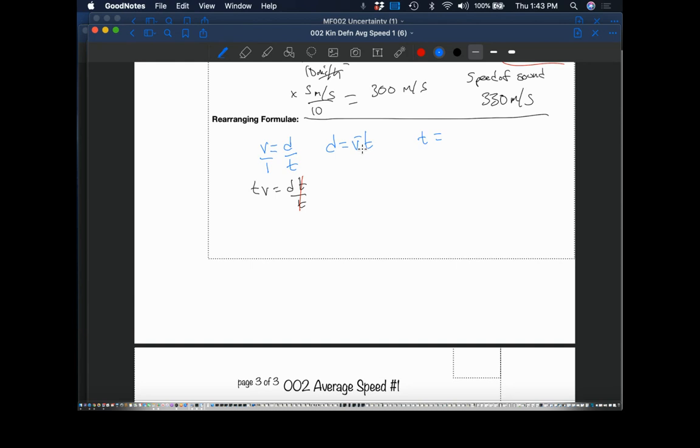But fundamentally, the process is you're multiplying both sides by the same thing. So now we have this expression, and I'll rewrite it. d equals vt, and I want an expression for t. So to do that, I need to do the same thing to both sides. I can divide both sides by v. And that gives us t equals d over v.